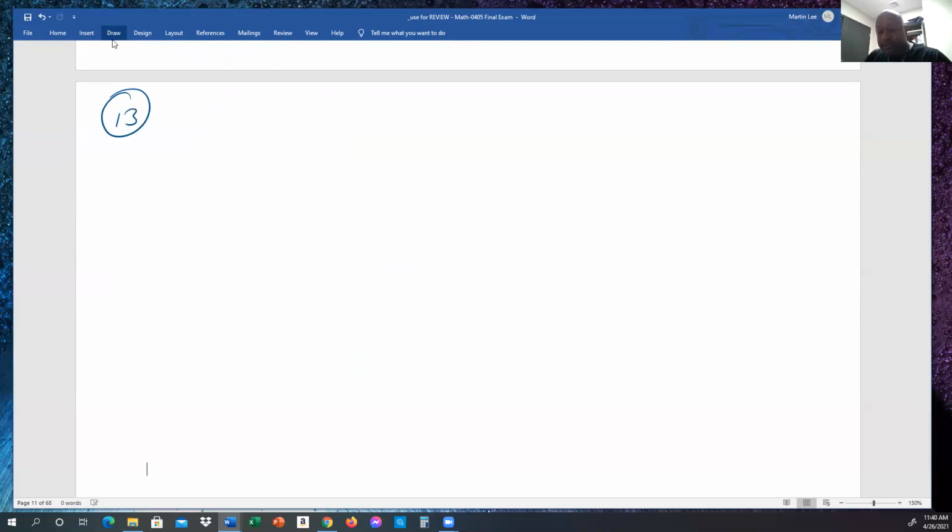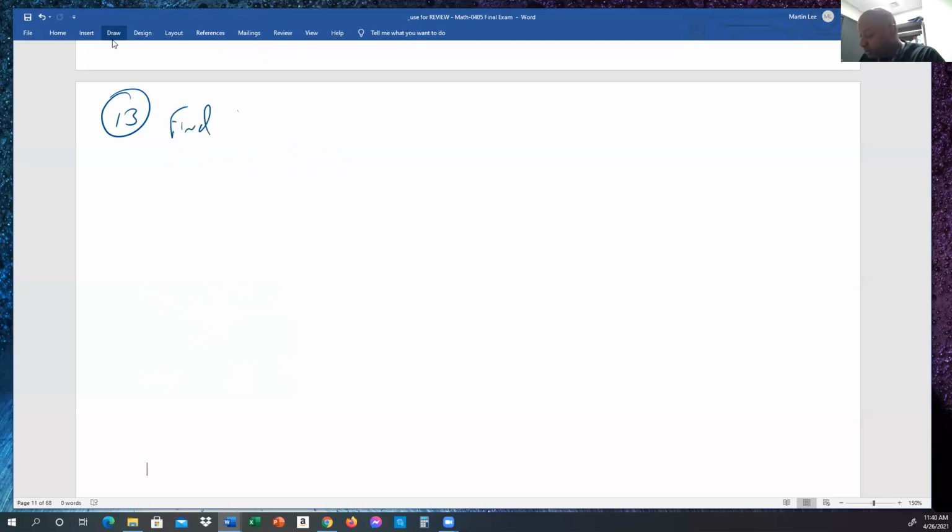Number 13, before taking a typing course, Jana could type 36 words per minute. By the end of the course, she was able to type 97 words per minute. Find the percent of increase and round to the nearest tenth percent.